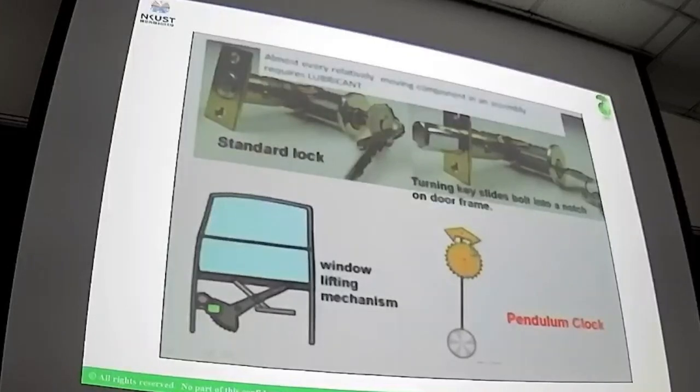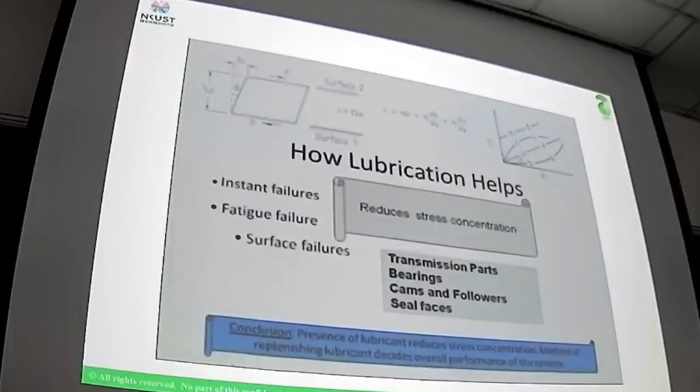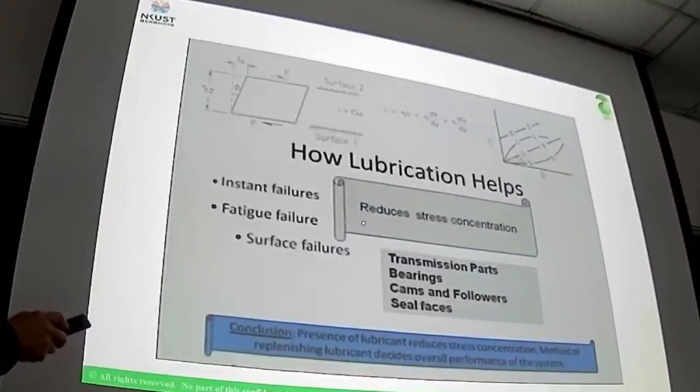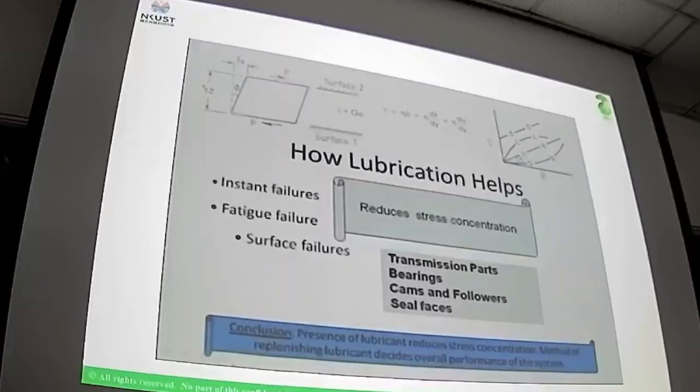So here we have another, a turnkey slides a bolt into a notch on the door frame. What the lubricant will really help with is that it can reduce the stress concentration, or even when you have some sliding path.